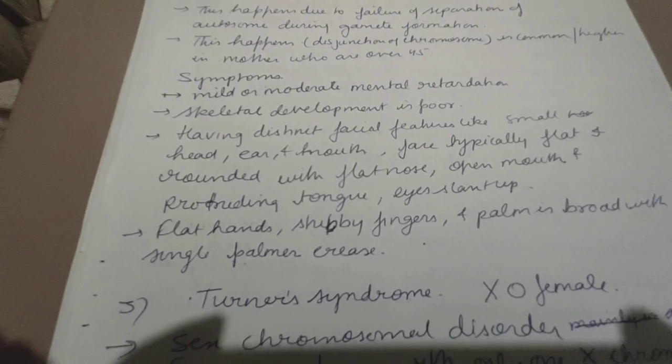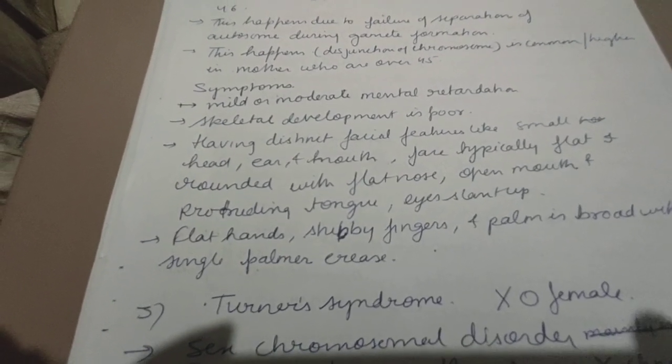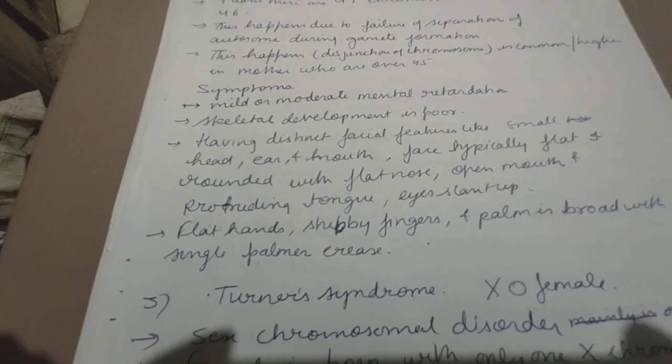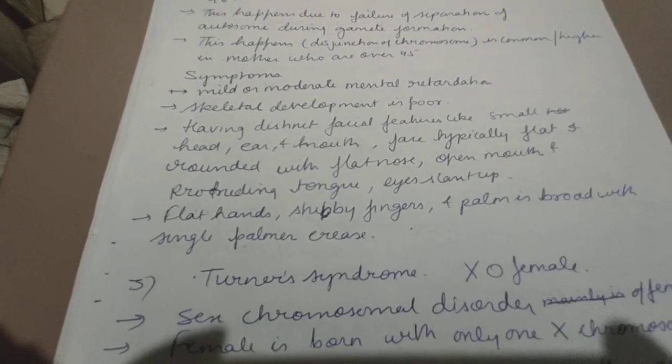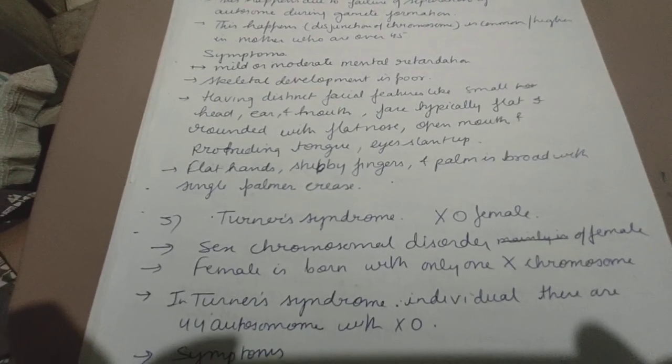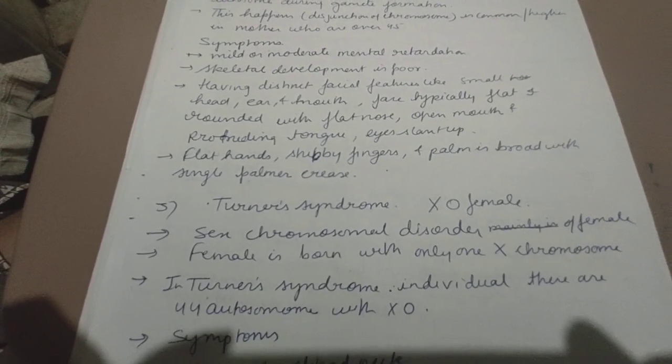These are the symptoms of Down syndrome. The question will come in this way only: give the symptoms of Down syndrome or write a note on Down syndrome. Then next is Turner syndrome, XO female, sex chromosomal disorder of female.